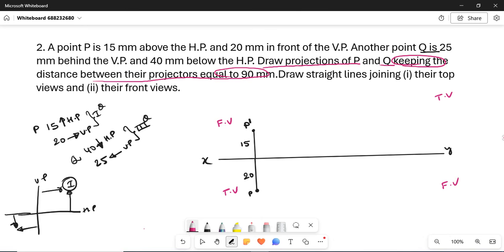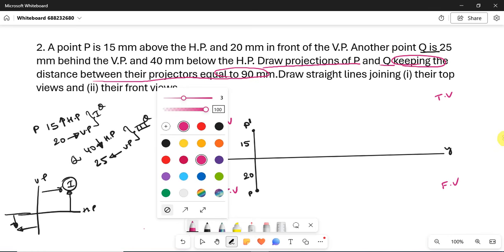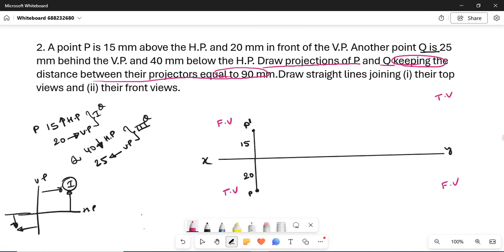Now we want to solve the Q problem in such a way that the distance between these two projectors will be 90. So just mark the distance from the P projector line on the XY line. The distance will be 90, because we need to start the Q problem from the 90 distance.